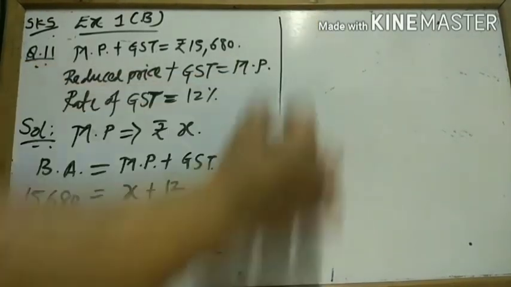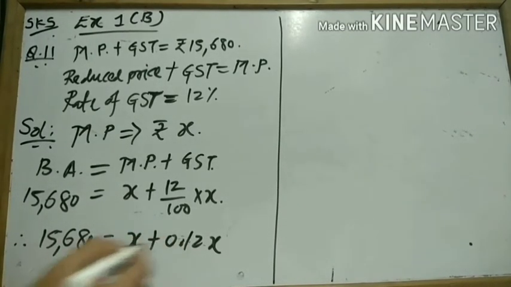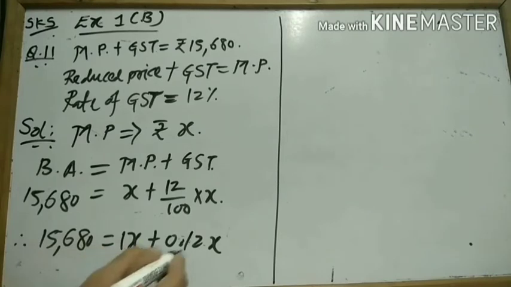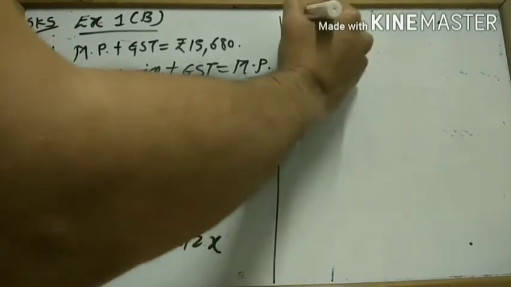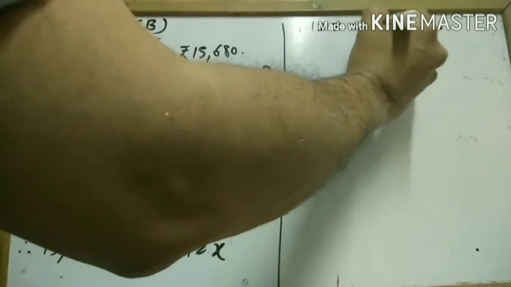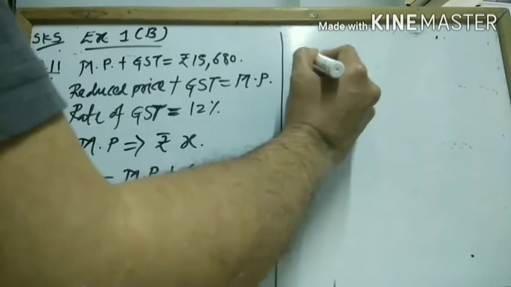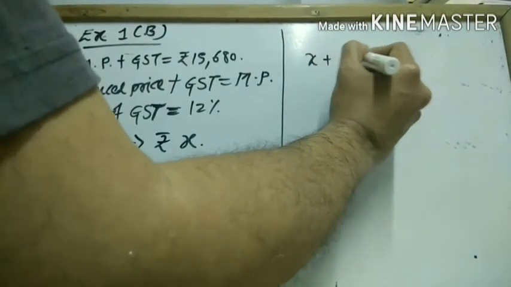Now comes a little bit of algebra over here. This is x, meaning 1x plus 0.12x, that is 1.12x, will be equal to 15,680.